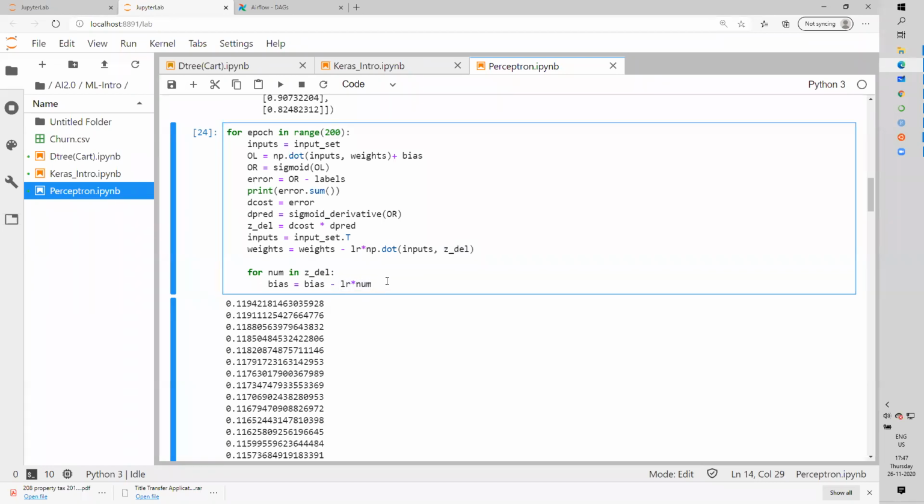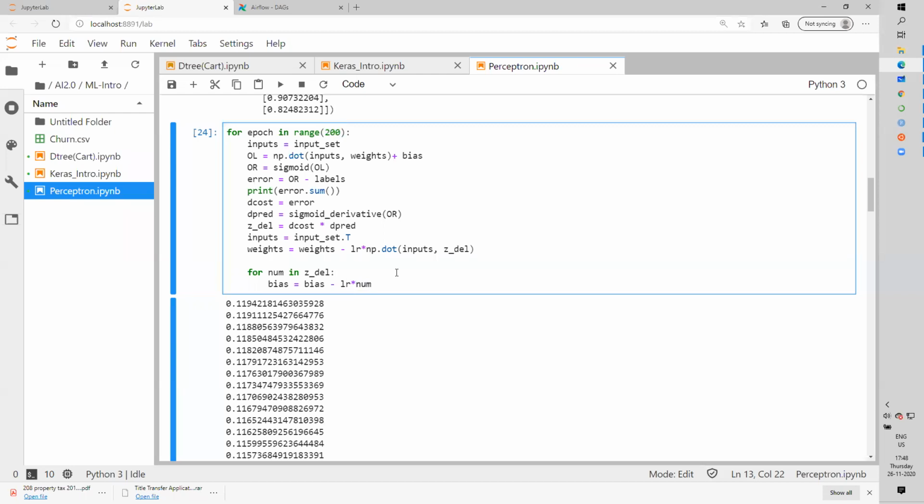Because bias is a constant, even when we try to derive, it would not make much of a difference. So we are just updating the bias with the help of the same derivatives, which is dcast and dpred. So that is why the learning rate times dcast into dpred.